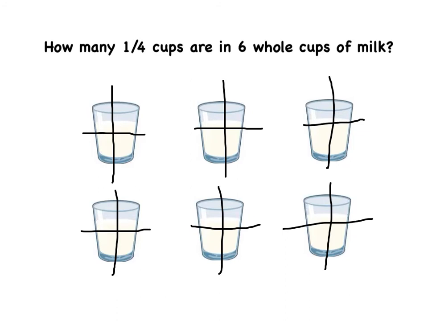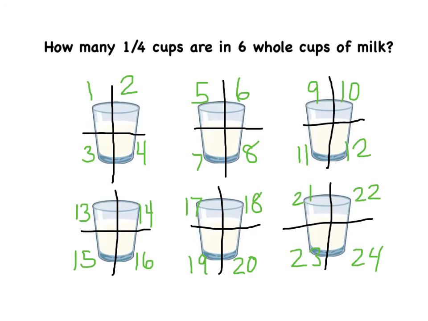And as you can see here now, each one is in fourths. So now we're thinking how many 4th cups are in the 6 wholes, so we're going to count each of the 4th cups. As you can see, we counted up each of the 4th cups, so we ended up having 24 4th cups in the 6 whole cups of milk. So if we write that equation, it would be 6 divided by a 4th equals 24.